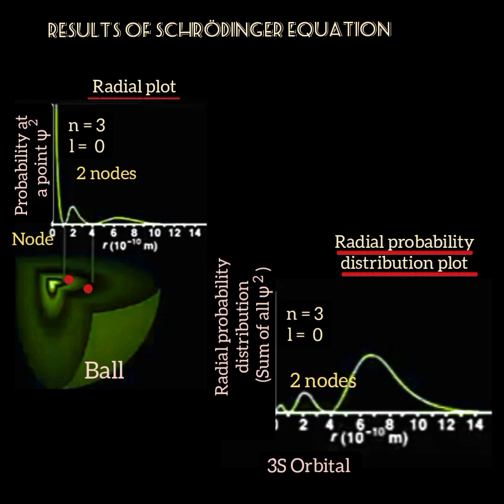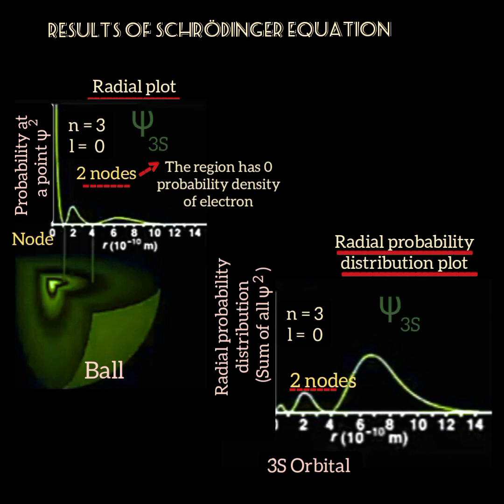Here the important thing is nodes. The nodes are where the region has zero probability, and we know the hydrogen atom has one electron. Here the hydrogen atom's electron is described by the psi 3s wave function, and the one electron of hydrogen is really close to the nucleus.